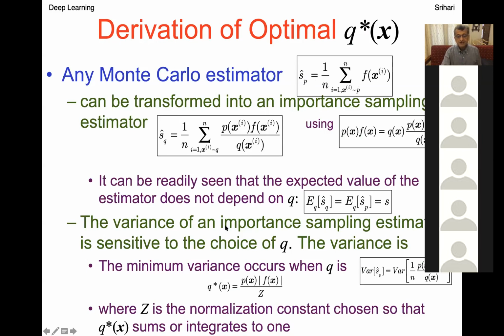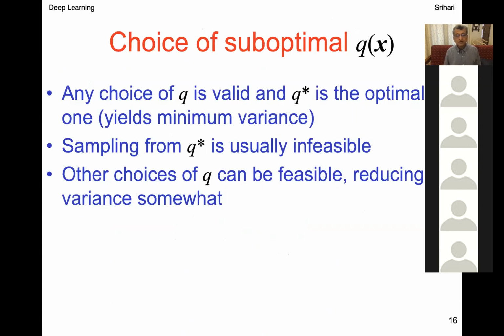And says the variance of an importance sampling estimator is sensitive to the choice of Q. Right? So there is a certain sense of Q. So choice of suboptimal Q. Any choice of Q is valid and Q star is the optimal one.